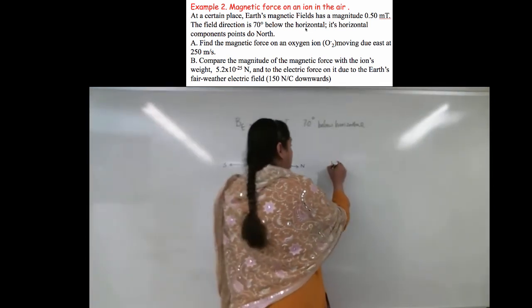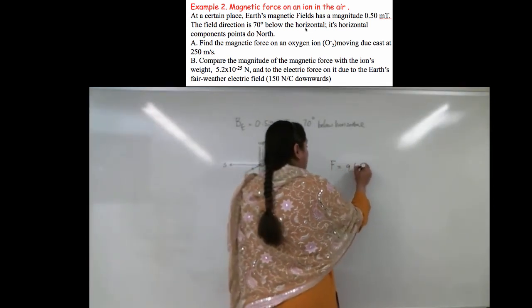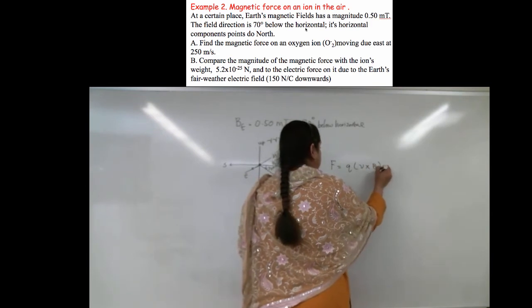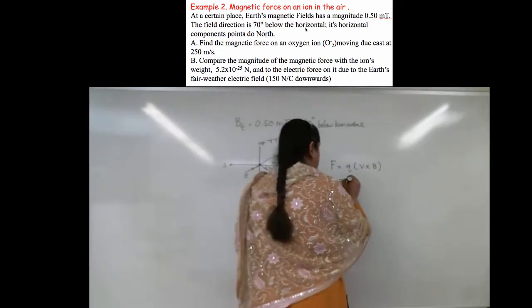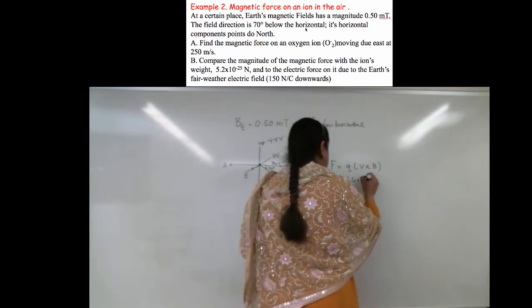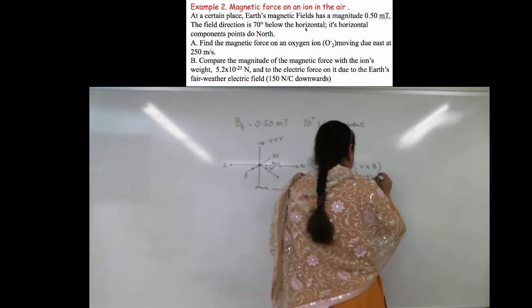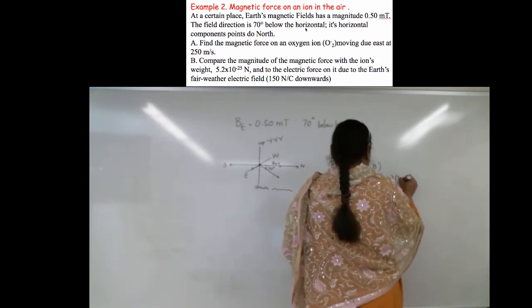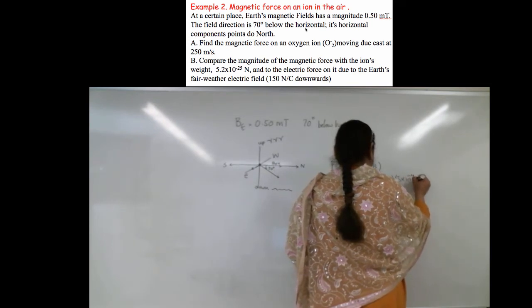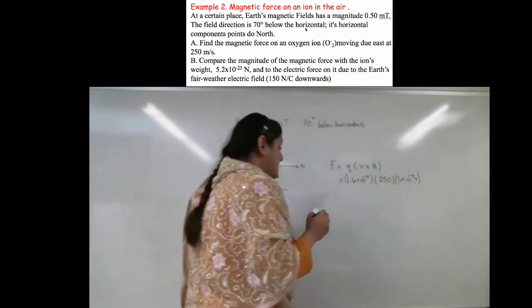So the force will be equal to QV times B, which is now going to be 1.6 times 10 to the minus 19, because it is an oxygen ion, times 250 times 5 times 10 to the minus 4 tesla, times what?